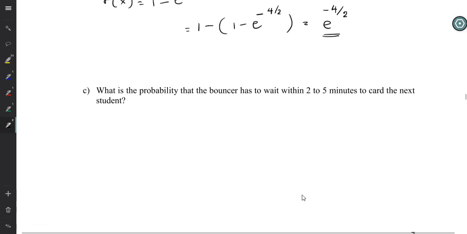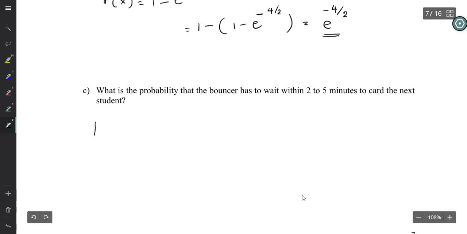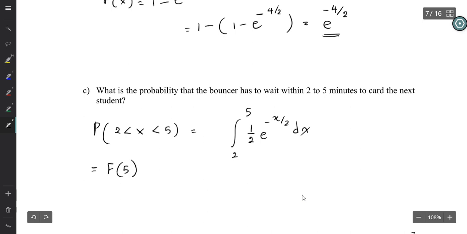Now, the probability that the bouncer has to wait 2 to 5 minutes. Again, you can do this in 2 ways. The first way, the harder way, integrate 1 over 2 e to the negative x over 2 dx, evaluate from 2 to 5. Or this is the same as CDF at 5 minus CDF at 2.